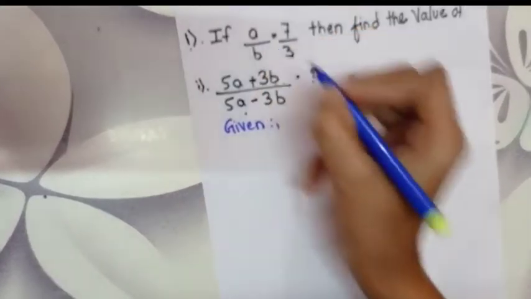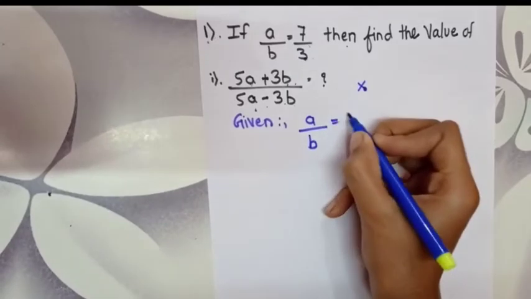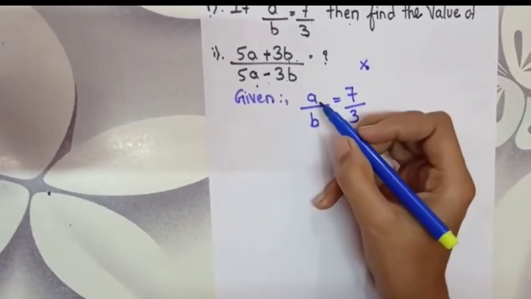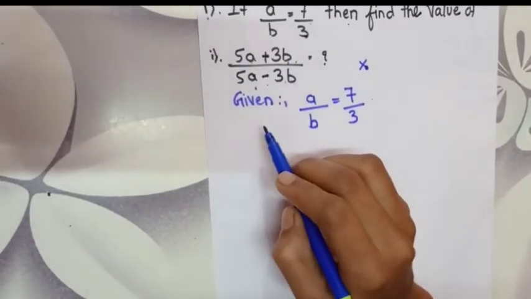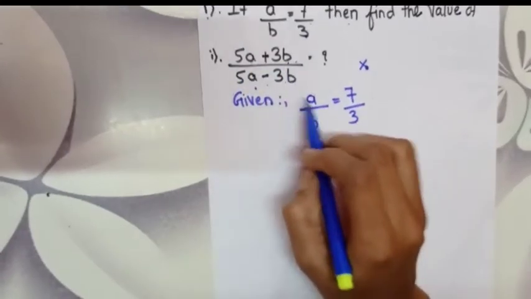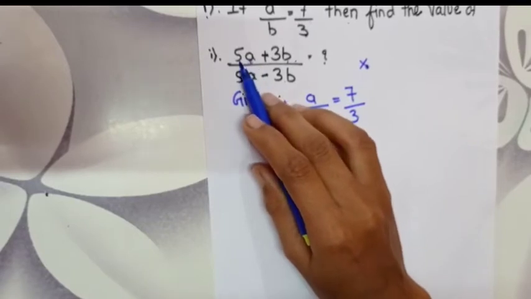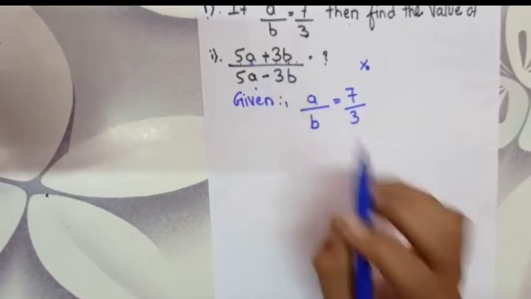Therefore, using the given one, that is a by b is equal to 7 by 3, now multiplying on both sides by 5 by 3. Why should we multiply by 5 by 3? Because the coefficient of variable a is 5 and the coefficient of variable b is 3.